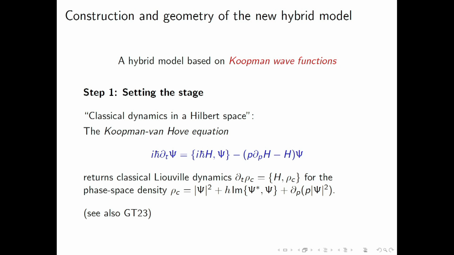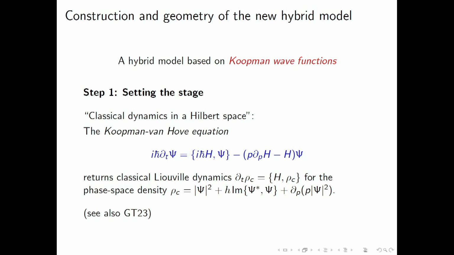Good, so let me say a few words about the construction and the geometry of that hybrid model. First of all, it is important to emphasize that this hybrid model is based on a wave function description. More precisely, it's based on so-called Koopman wave functions. And before we start to talk about hybrid wave functions, we better understand how classical dynamics can be formulated as a unitary flow on a Hilbert space.